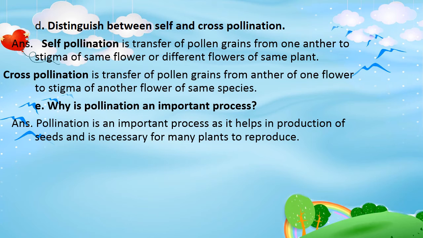We will not produce seeds, and if seeds are not there, we are not able to plant trees. That is why pollination is a very important process. If we want to have so many plants around us, if we want to eat fruits and vegetables, for that pollination is very important.